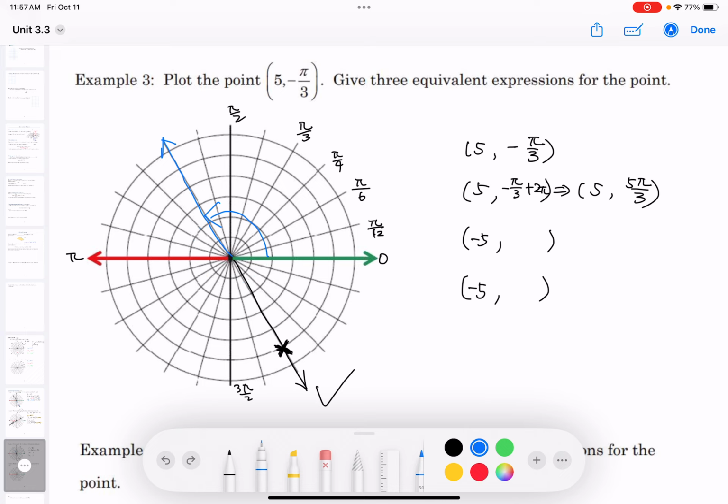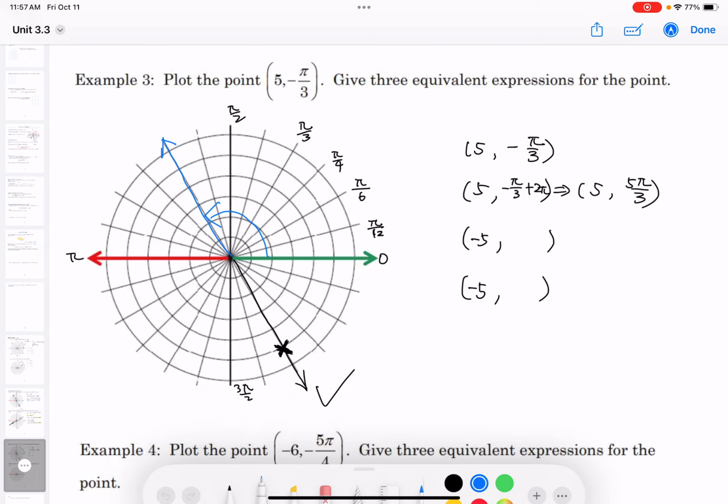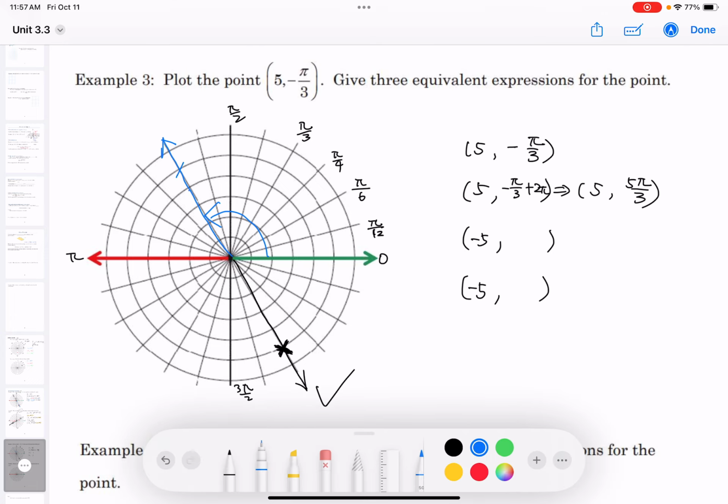If I want to find the angle with r is -5, 1, 2, 3, 4, 5. Okay, it's the point here. So how to find the angle? Based on my terminal side here, we can plus or minus 180 degrees.